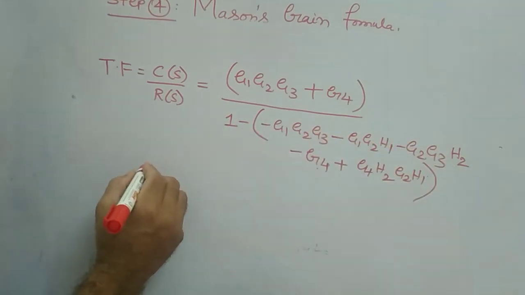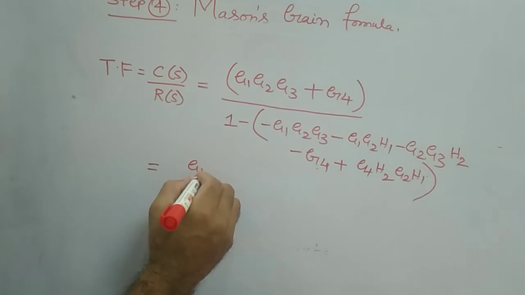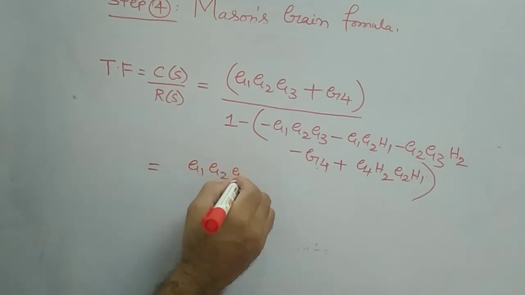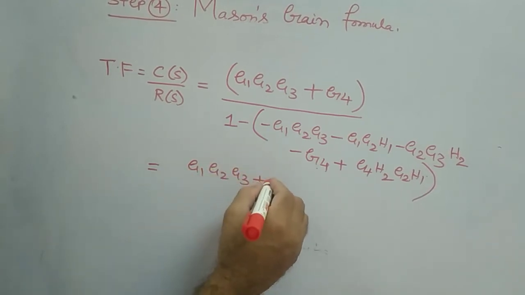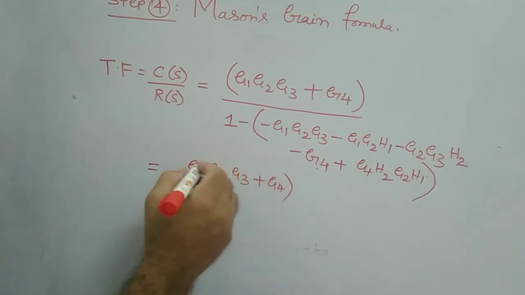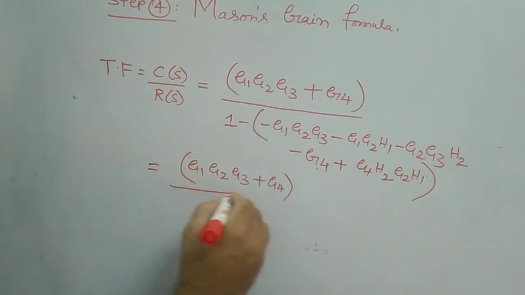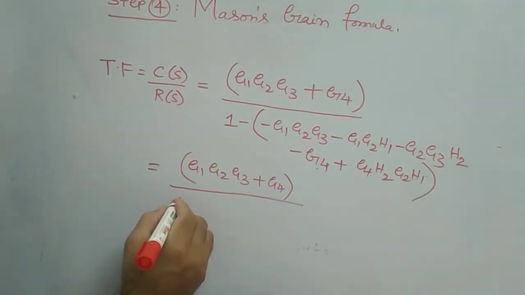And finally, if you simplify this, it is G1, G2, G3 plus G4, by 1.